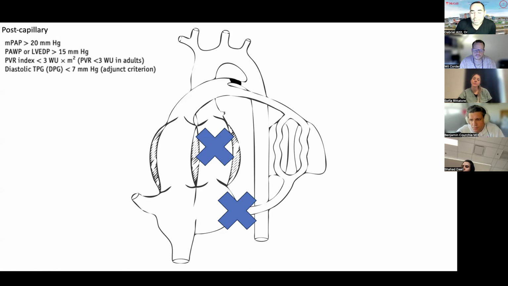Now, if the condition that's causing high capillary wedge pressure is at the mitral valve level, so for example, severe mitral valve stenosis, the kid had mitral valve endocarditis, or in the pediatric world, they can sometimes see rheumatic heart disease, or very severe mitral valve regurgitation, Shone complex, abnormal attachment of the mitral valve, parachute mitral valve.